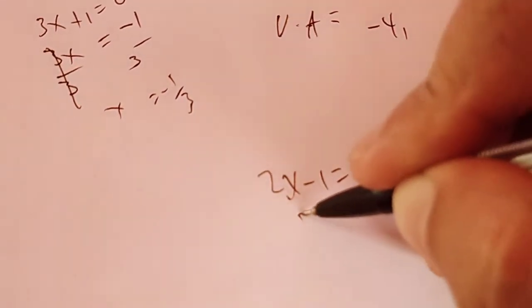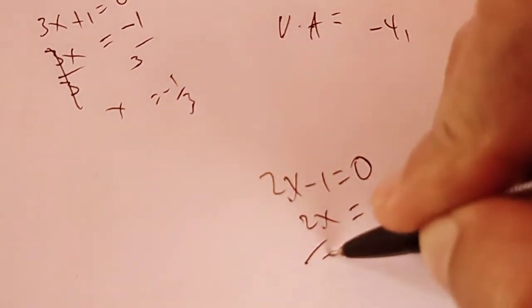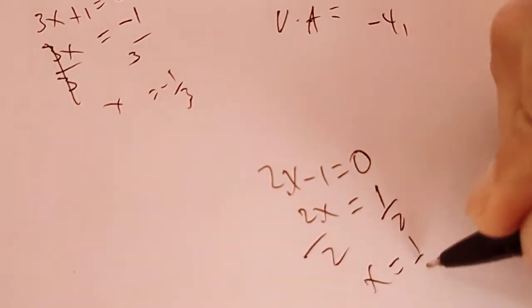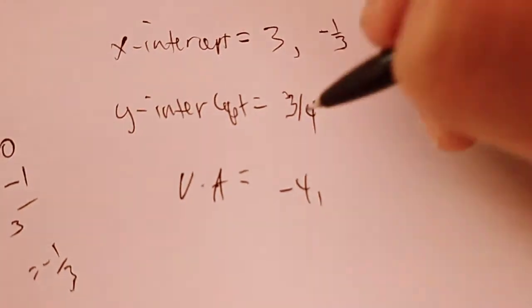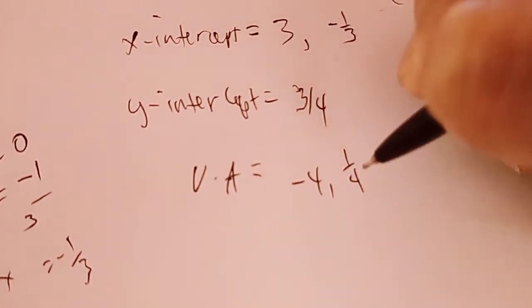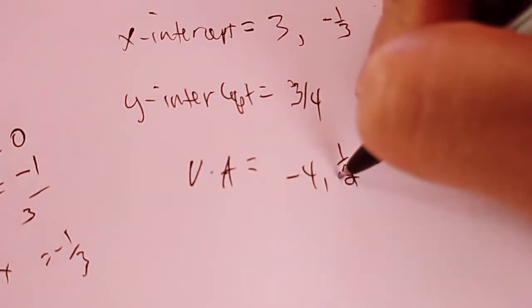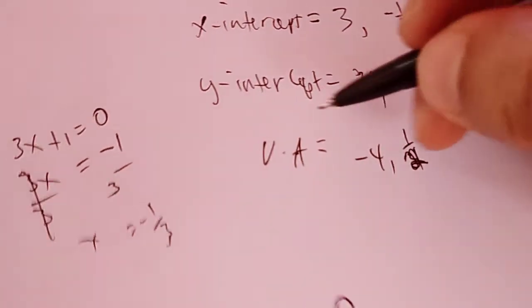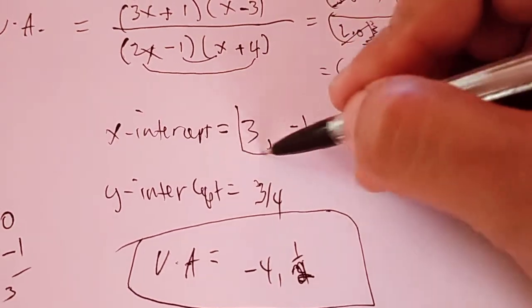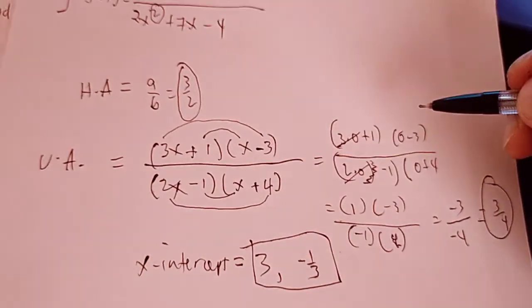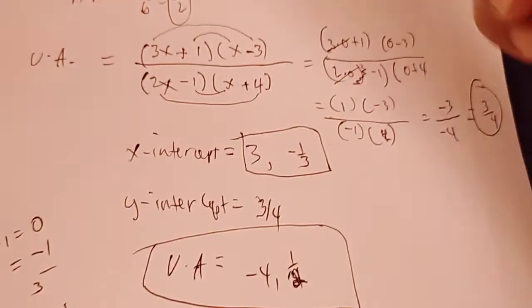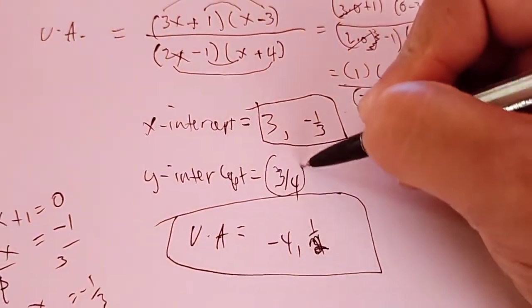So, positive 1 moves over, divide by 2. So x is 1/2. So negative 4 and 1/2 are our vertical asymptotes. Those are our x-intercepts, this is our horizontal asymptote, and our y-intercept is 3/4.